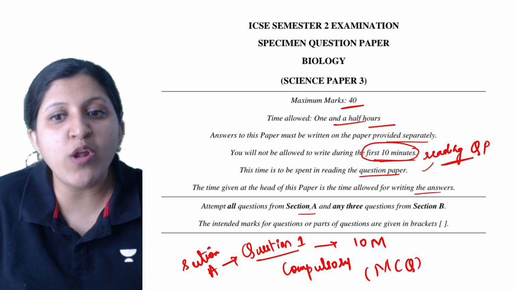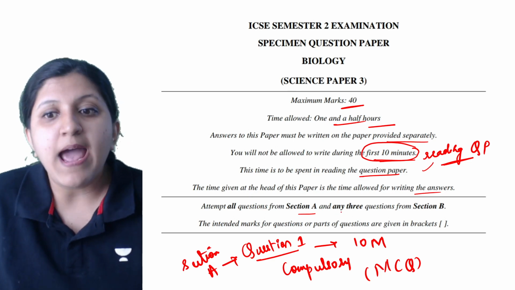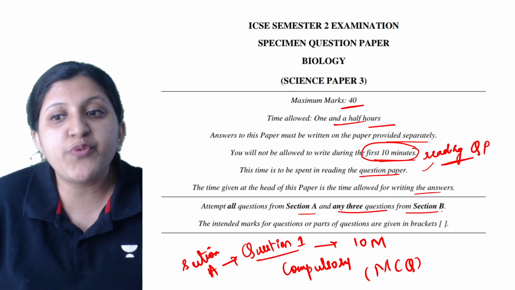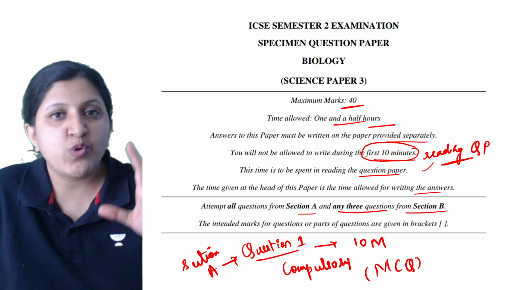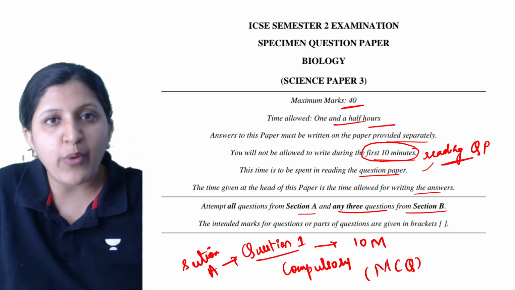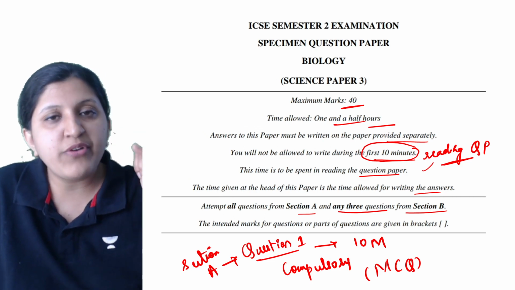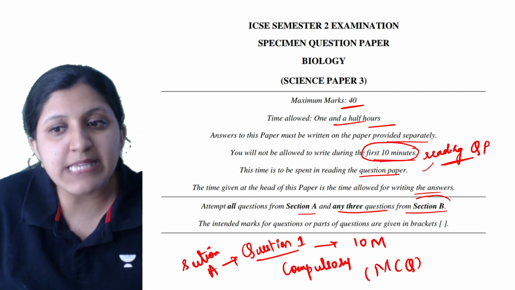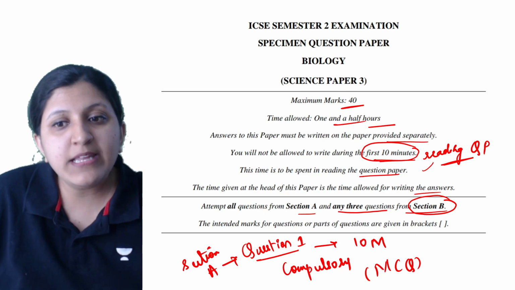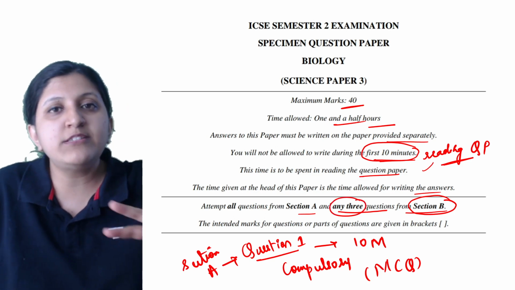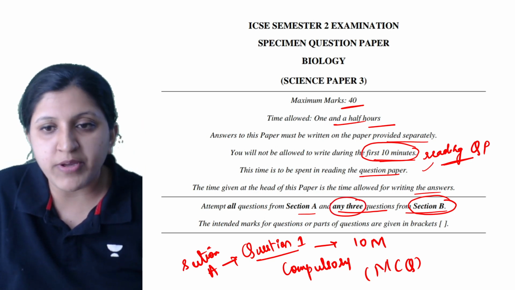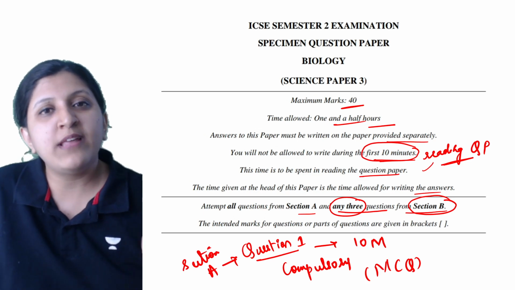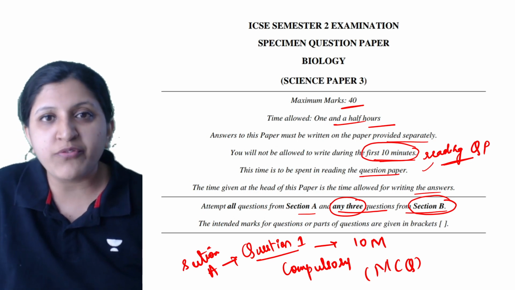Attempt all questions from section A and any 3 questions from section B. So question 2, question 3, question 4, question 5, question 6. They'll give you 5 questions in section B, and any 3 you need to attempt. That means 2 extra questions are given. Again, go for the answers which you are confident about.